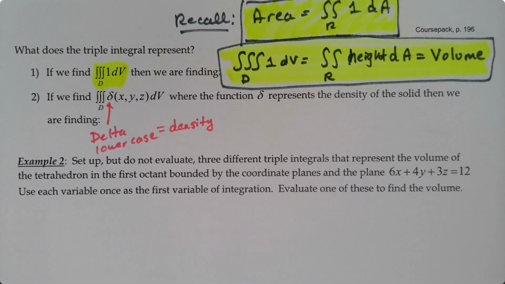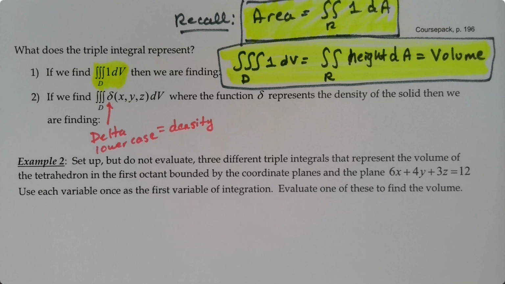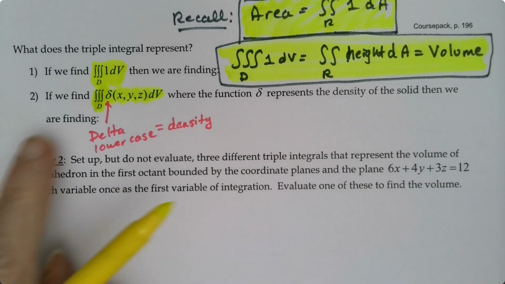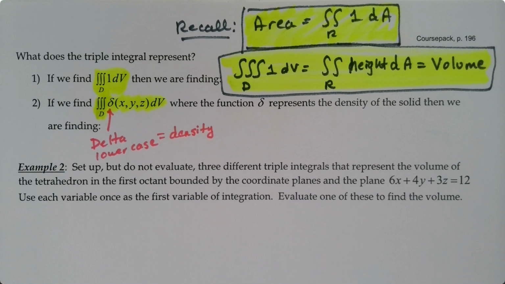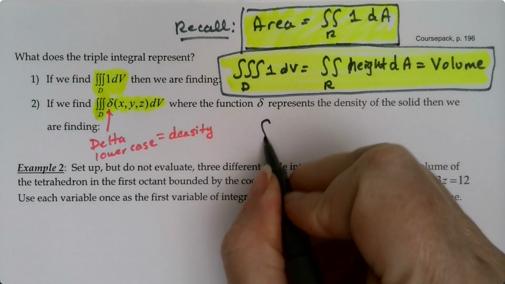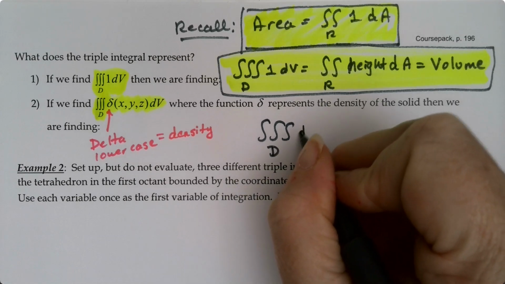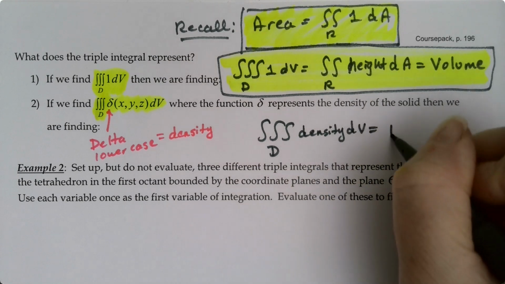Delta is the Greek letter for D. So when you take the triple integral of delta, you will get the mass, right? When you integrate density, you get mass. So let me write that out. The triple integral over the solid of density is mass.